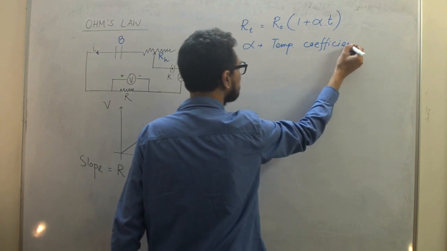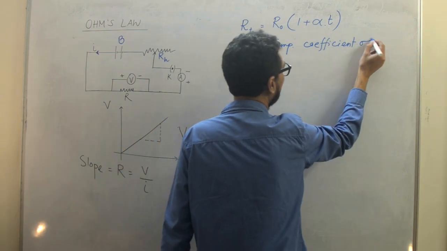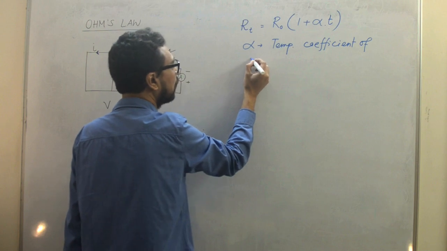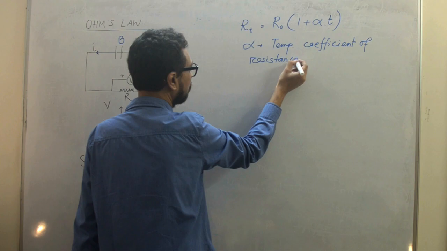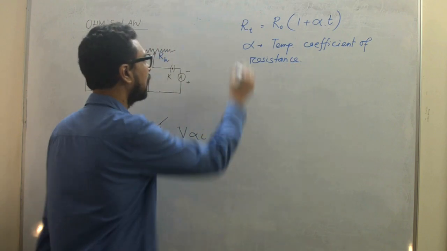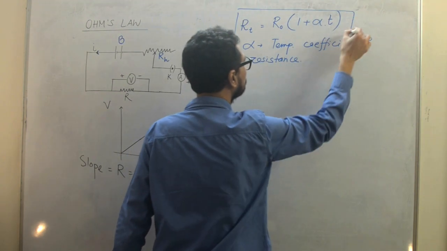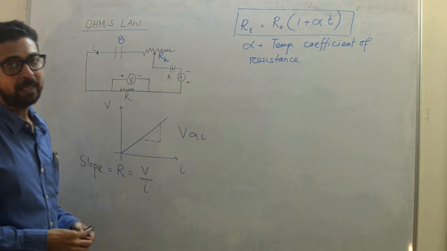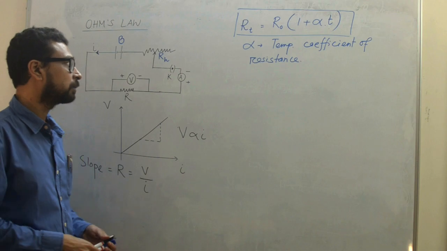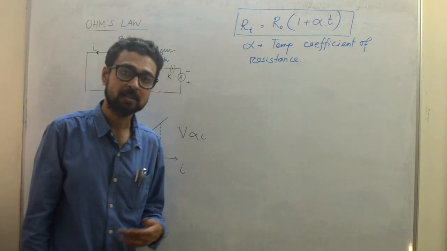It shows how resistance changes with temperature. For a normal conductor, the expression is R_T equals R naught into (1 plus alpha T). This is the variation of resistance with respect to temperature.